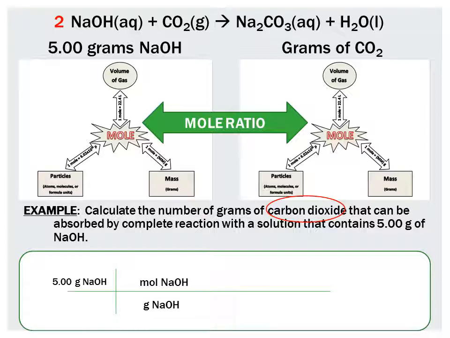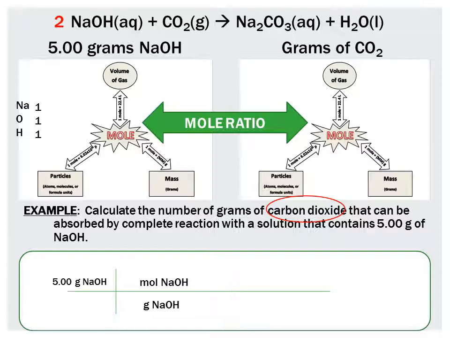I need to find the molar mass of sodium hydroxide. So inventory my elements. I have sodium, I have oxygen, I have hydrogen. These don't come from the equation, these come from the formula of sodium hydroxide: 1 sodium, 1 oxygen, and 1 hydrogen.